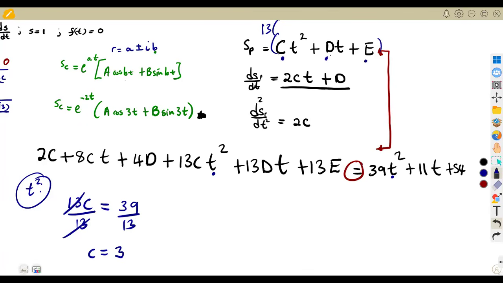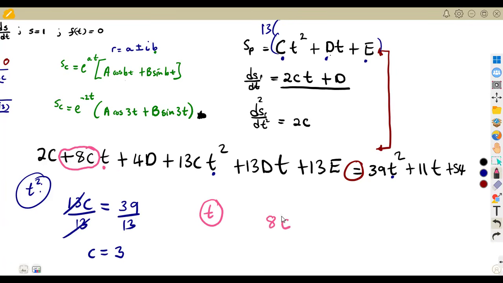All right. So to find D, we can work with the coefficients of T. What is affecting T on the left-hand side? On the left-hand side here, we've got T. So the coefficient of T there is 8C.